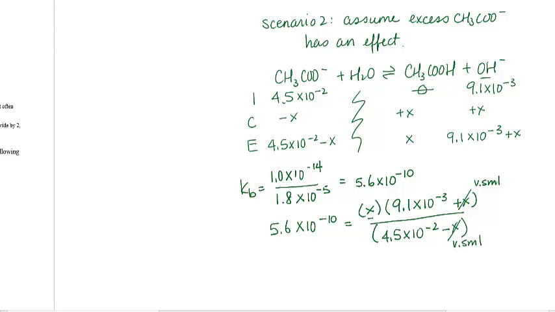So if we calculate this out, what we end up with is x is equal to 2.8 times 10 to the minus 9 molar, and it is equal to the concentration of the OH added.